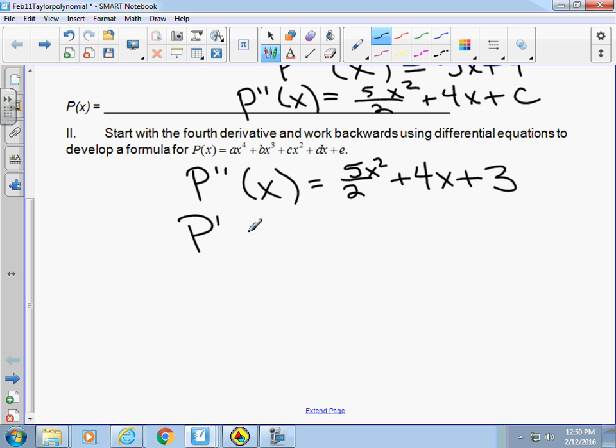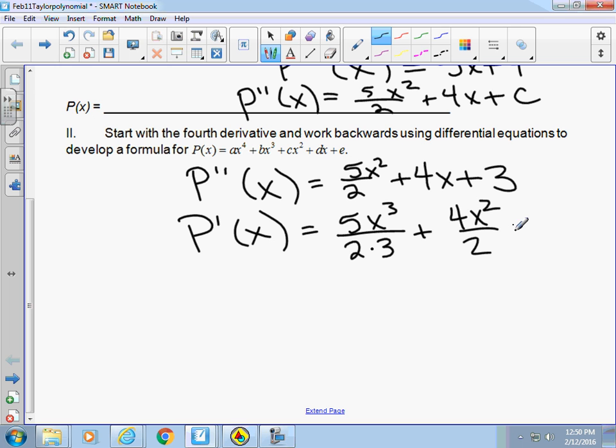The first derivative would be, and I'm going to, just for fun, leave that written as 2 times 3. And what would this one be plus? Plus 2.